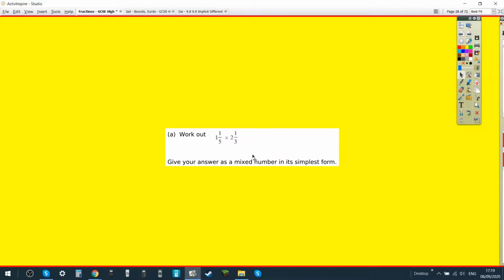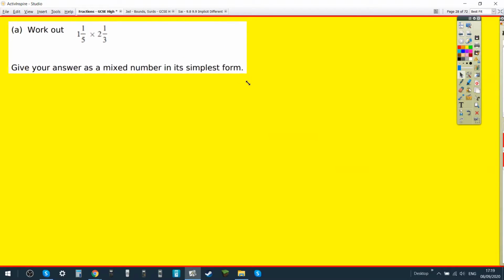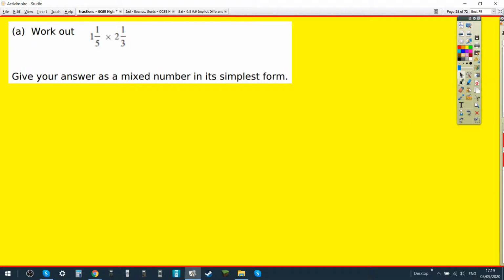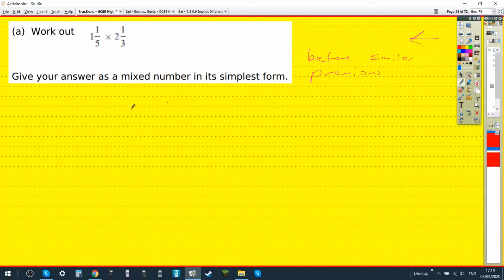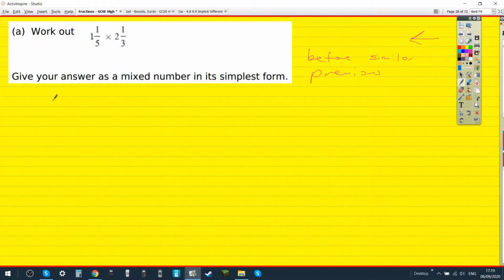Okay. So we'll see if you know how to do this. Give your answer as a mixed number. Okay, so we'll turn them into improper fractions. So 2 and 1/3 would become 7/3.